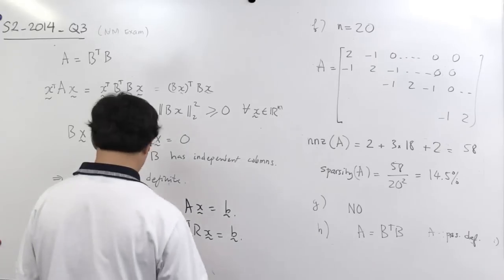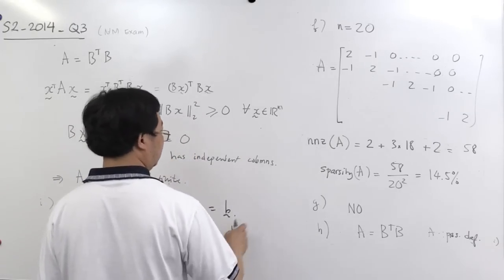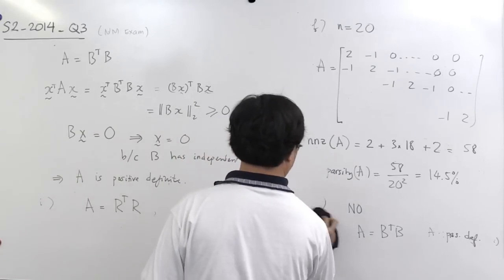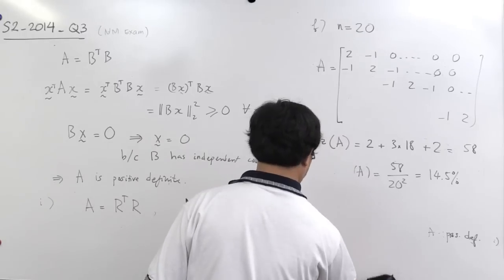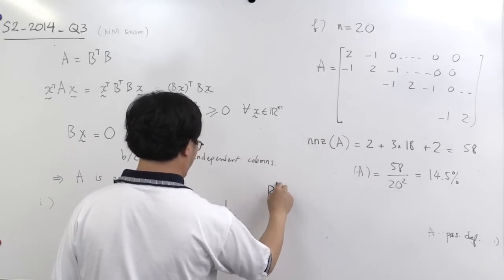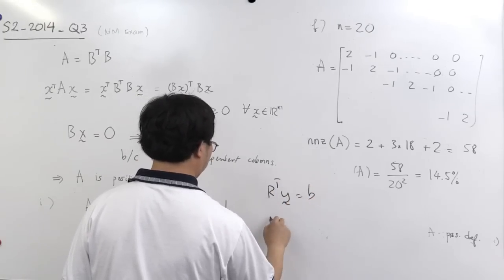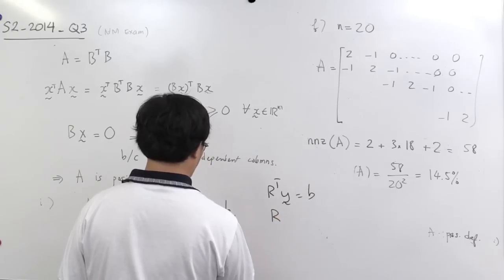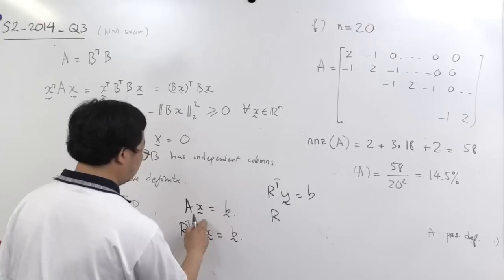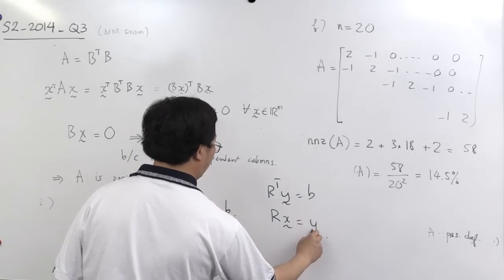So here you just solve R transpose y equal b, so you take this to be the vector y, then R x equal y.